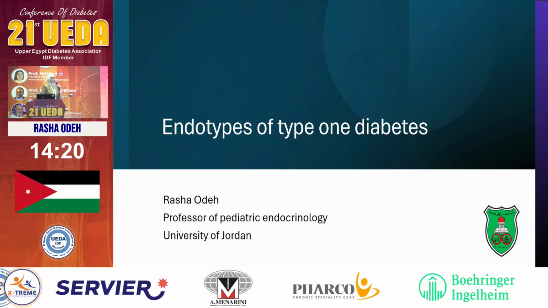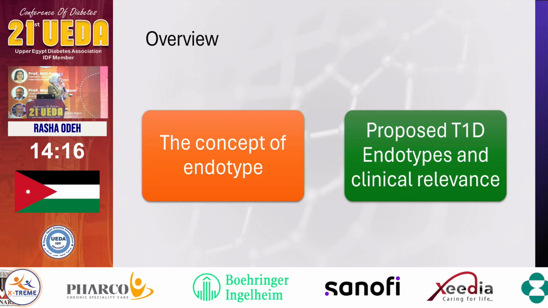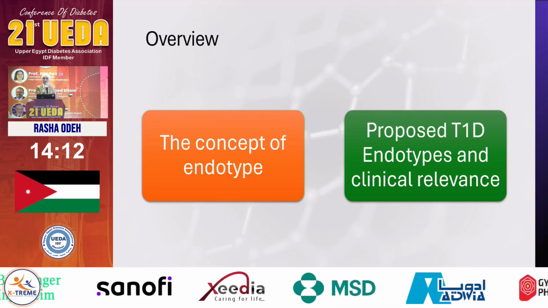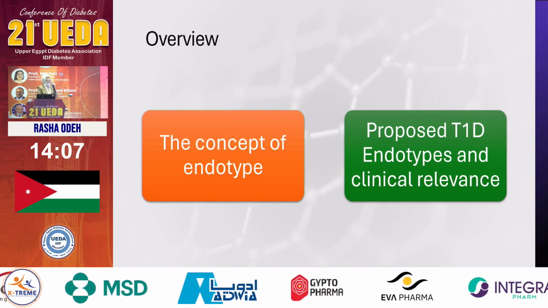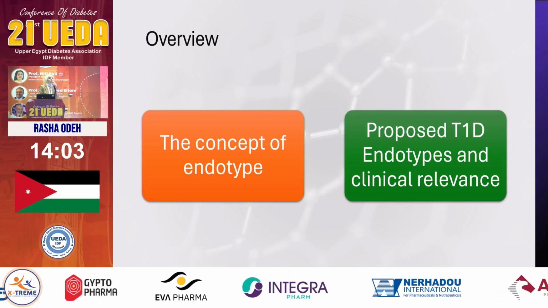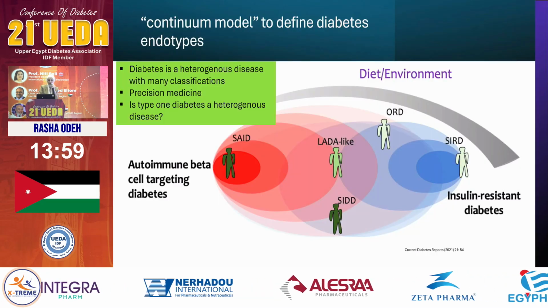Okay, that's good. So I hope I can today explain the concept behind the endotypes of type 1 diabetes, and I'm going to talk about the proposed endotypes and their clinical relevance. When I say proposed, it's because they are not yet there; we are talking about the development of the endotypes.